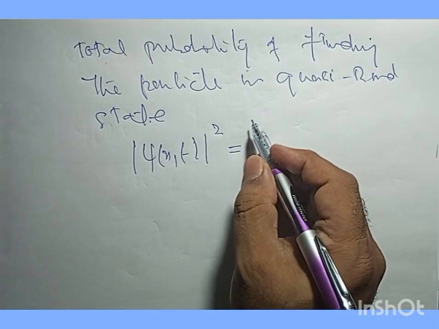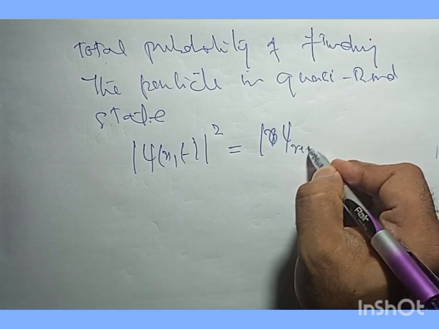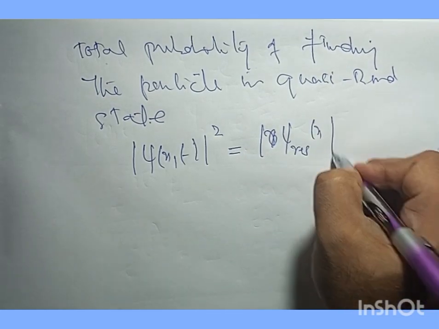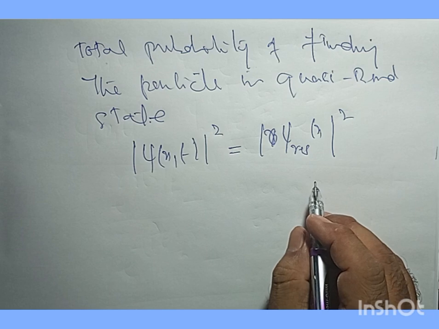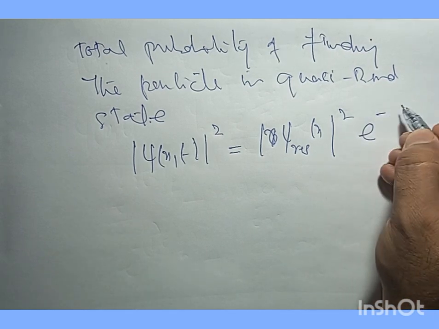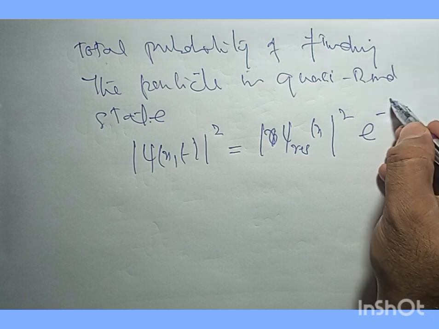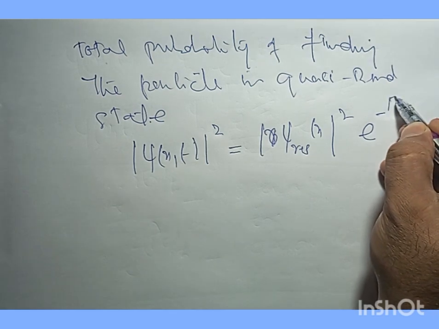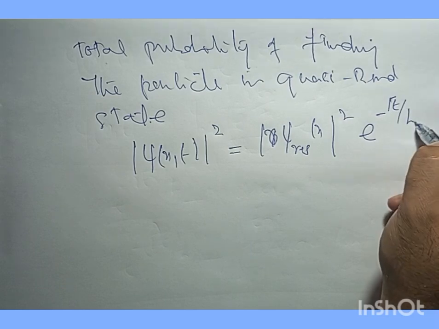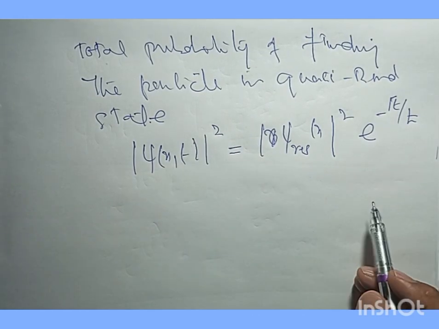And what will that be? That will be psi resonance of x whole square, and e to the power of minus resonance width times t by h bar. The other part is going to cancel out because you have to take the complex conjugate.